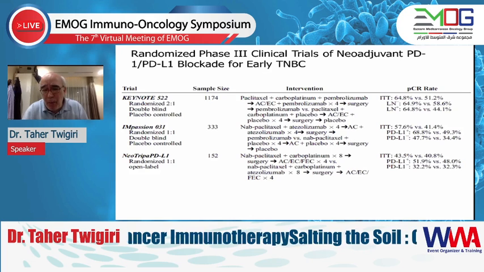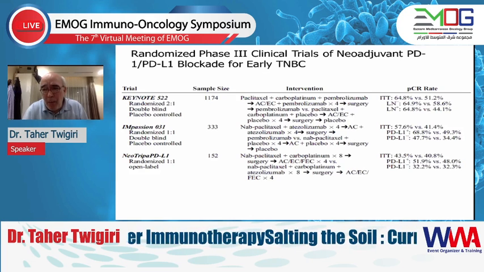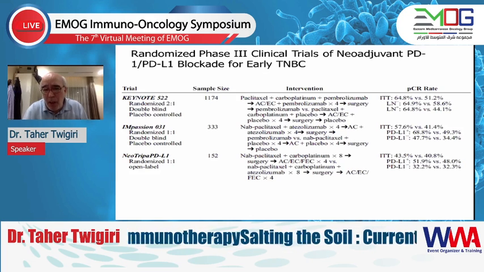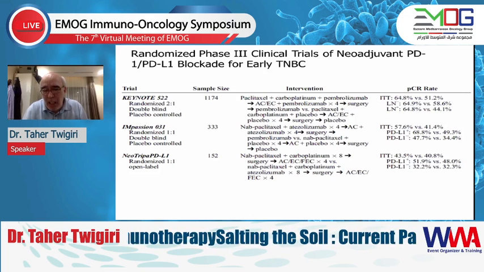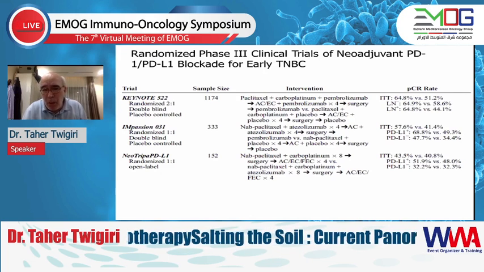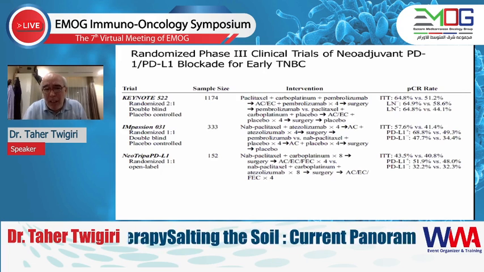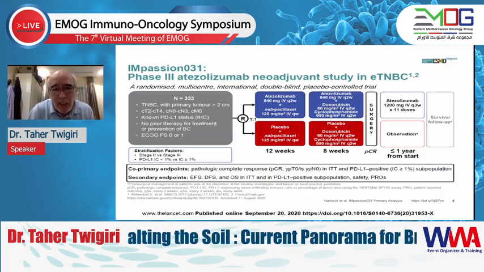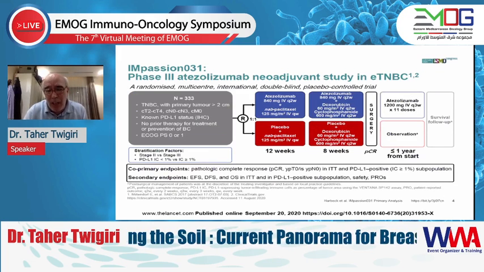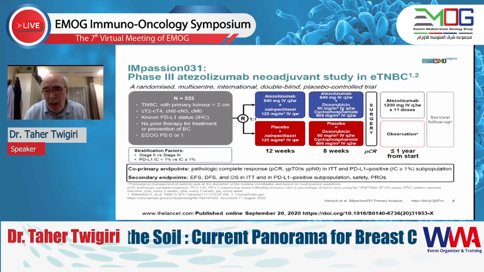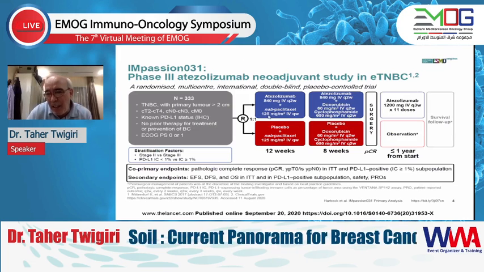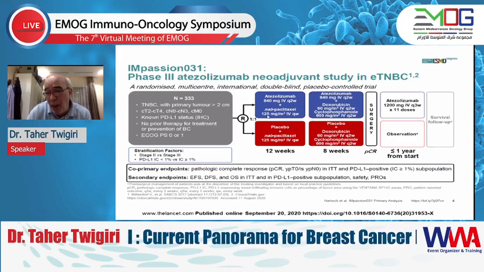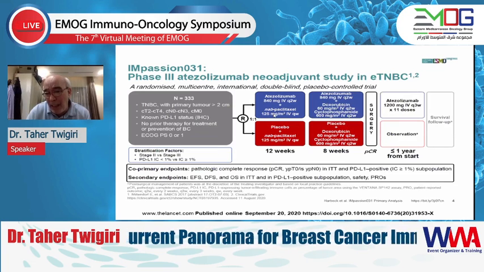I would like to mention that in metastatic disease, Pembro and Atezo have been approved, but in the last slide I will tell you that it is most likely to be removed. But let's complete this. Now, the Impassion 031 phase 3 Atezo neoadjuvant trial, as you can see here, is a very aggressive one. The investigators changed the dose to 125, Atezo and nab-paclitaxel.